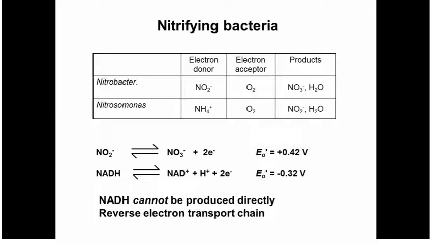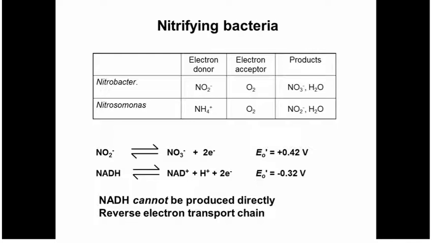Well, how it works is that this can be used to generate a proton gradient, just by transferring the electron from nitrite through the electron transport chain onto oxygen with a cytochrome oxidase. And that's enough to produce a proton gradient.